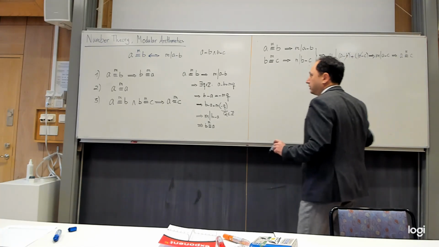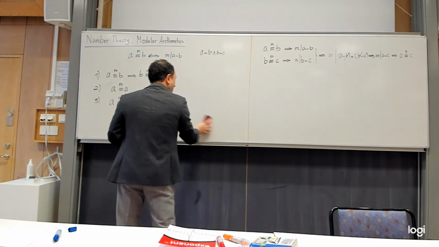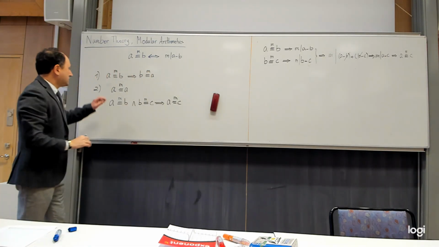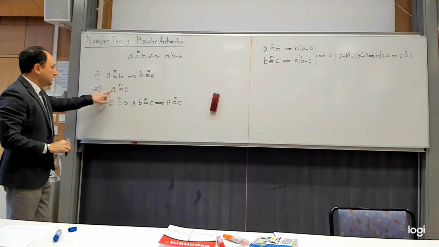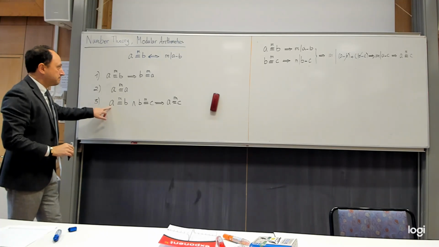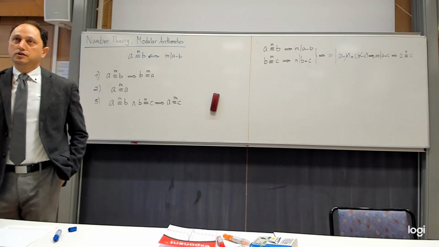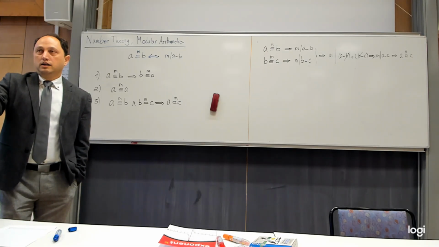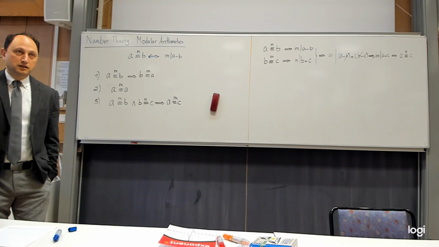So for example, what is another property of equality? These are the main three properties: symmetry, reflexivity, and then transitivity. Can you tell me another property of equality signs? Yes, multiply both sides by the same number.